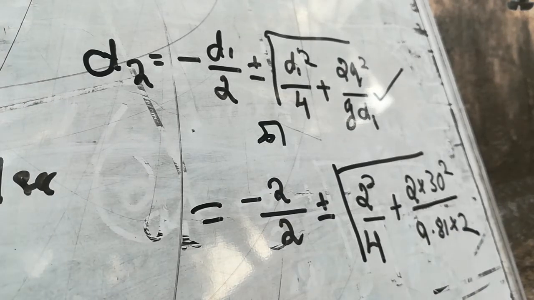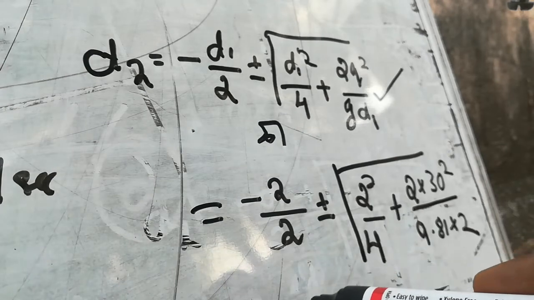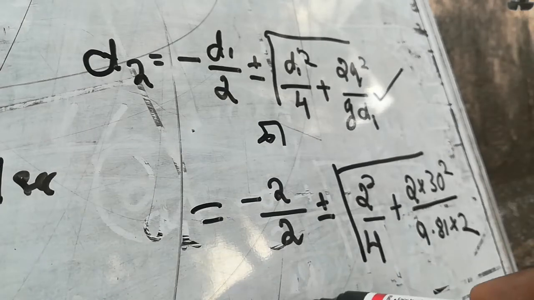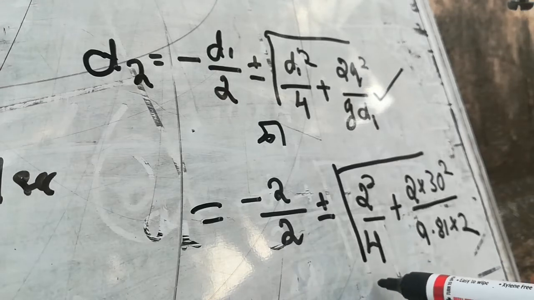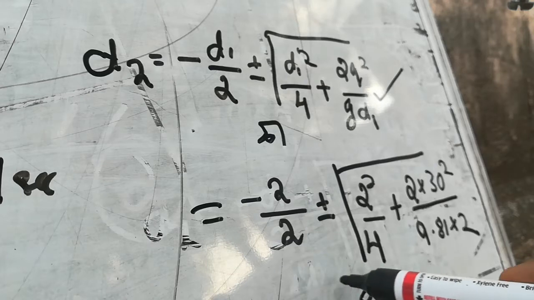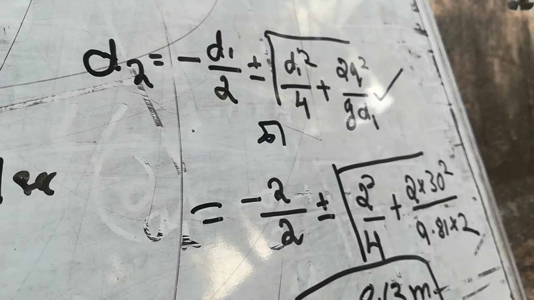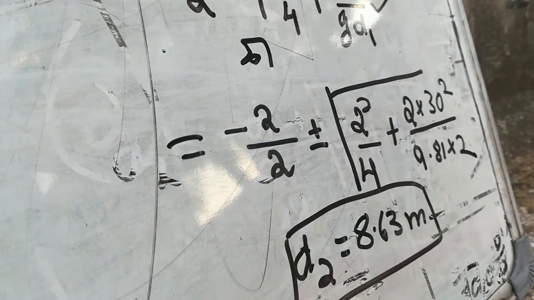So it is very easy. The value is d2 is equal to 8.63 meter. Depth is in meter. So d2 is equal to 8.63 meter.